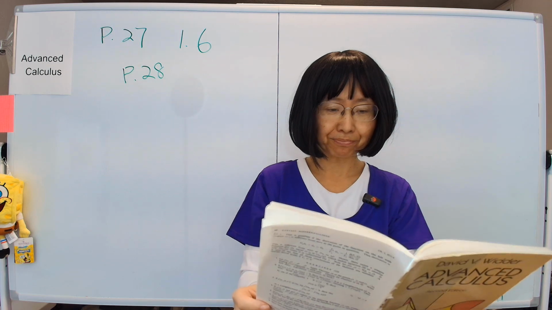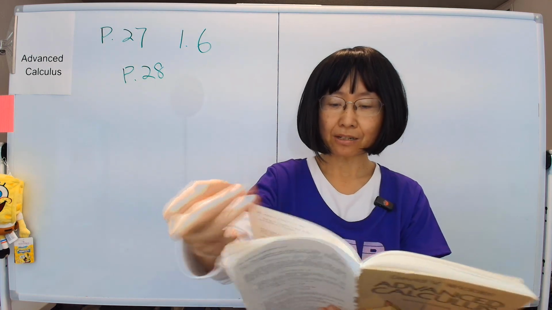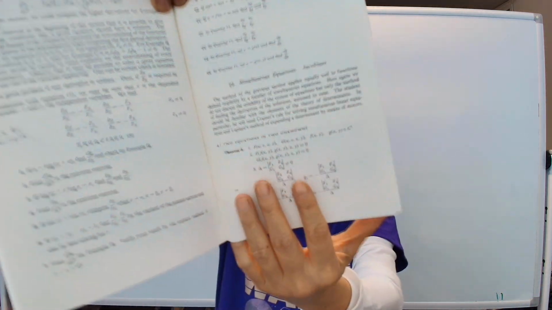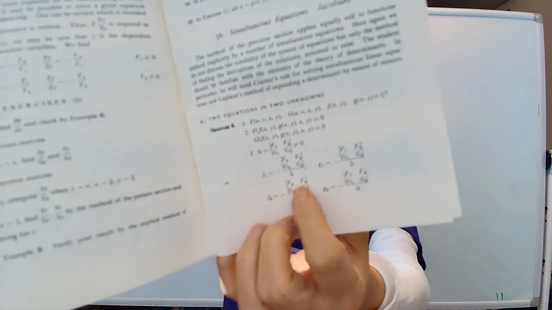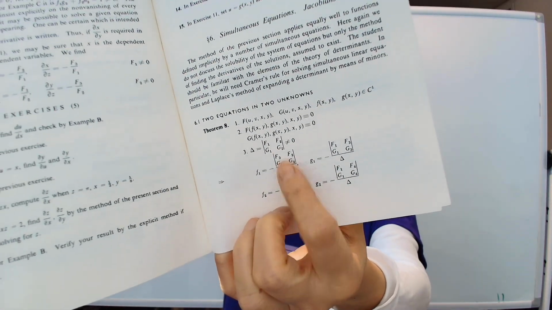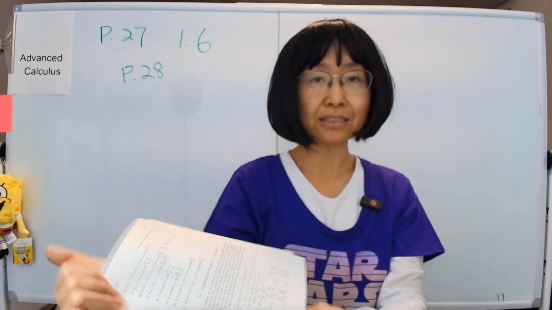Anyway, that's the Jacobian, and the Jacobian is to represent these matrices. Each of these things is a Jacobian, and you can write them exactly in the Jacobian form.